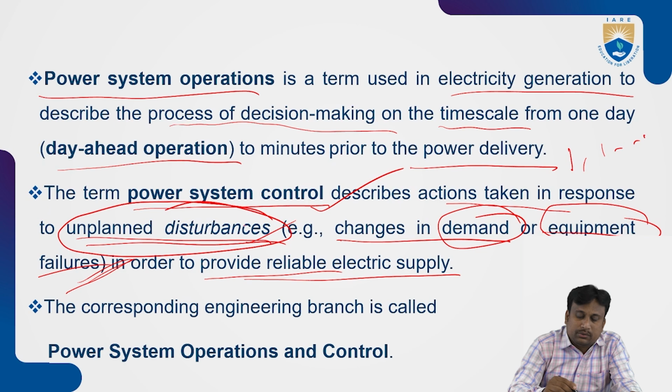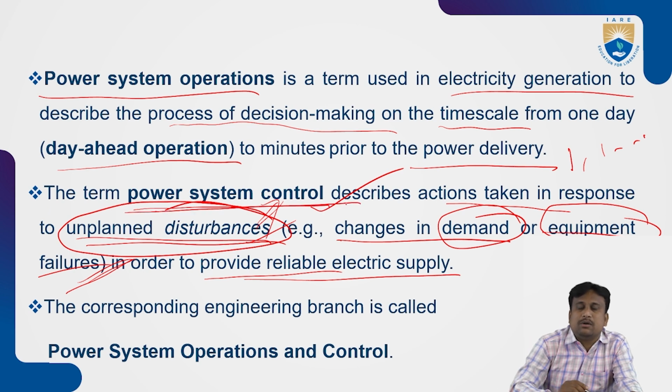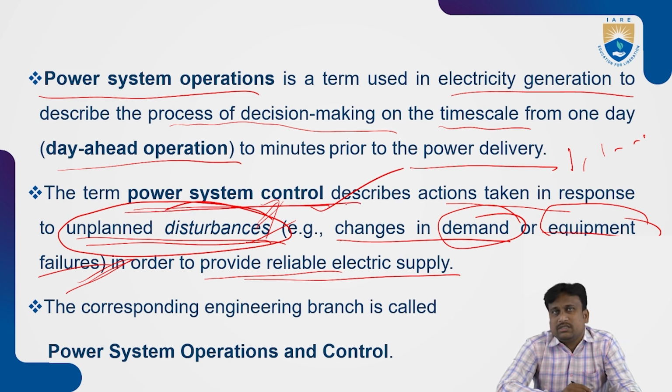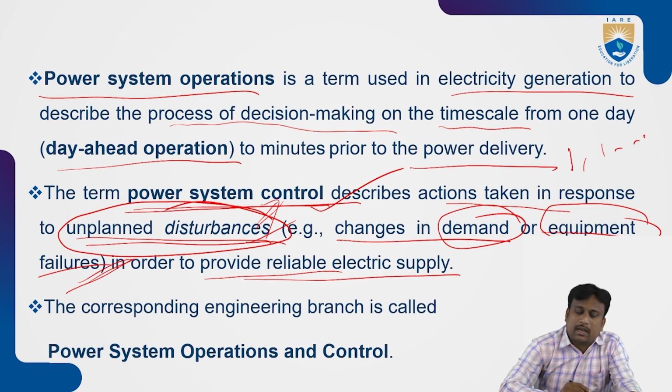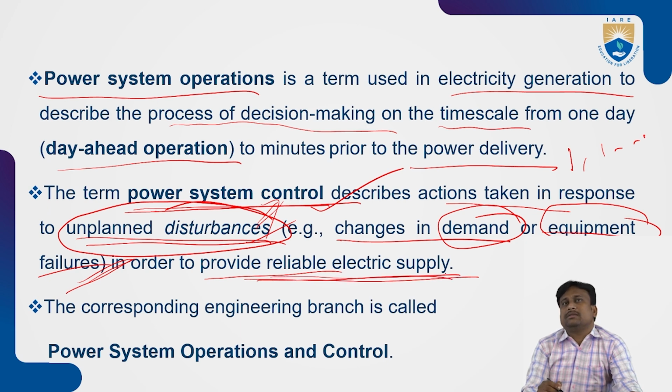The solution for these unplanned disturbances is handed over to the power system control operation, which will look into this and put the system right. Due to this, we will obtain a reliable electricity supply.